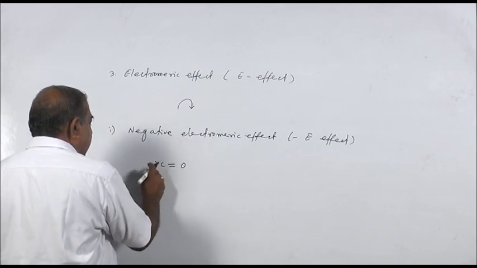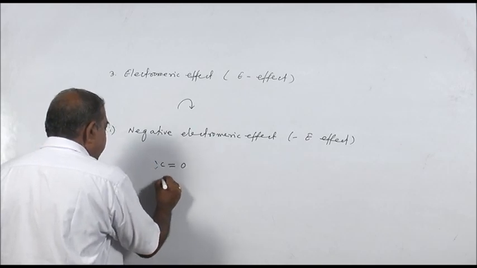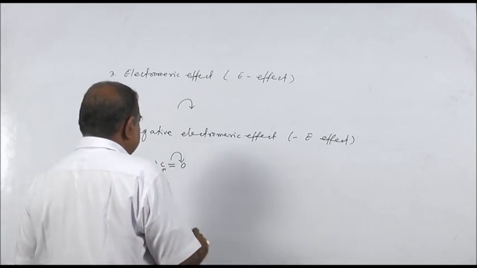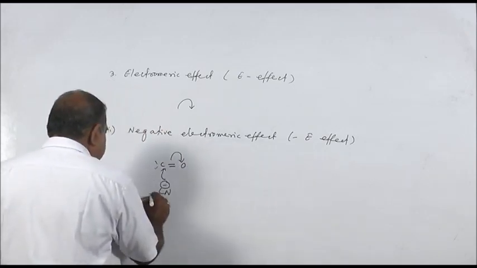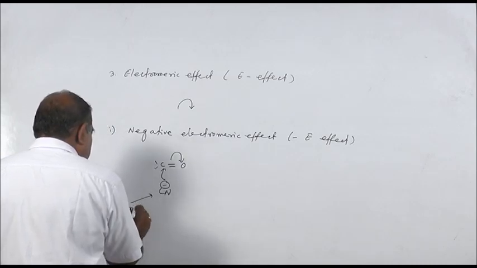Say if we take a carbonyl group, in presence of cyanide minus, the electron is shifted from carbon to oxygen, away from the attacking reagent. Cyanide is your attacking reagent.